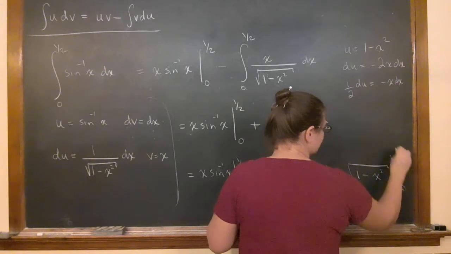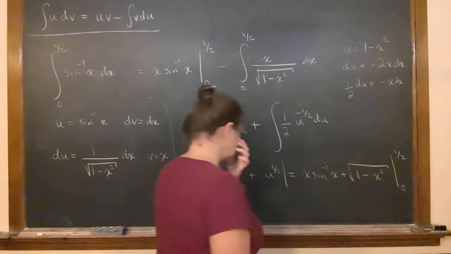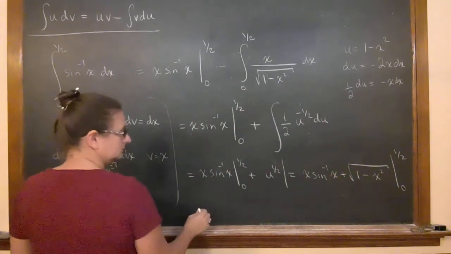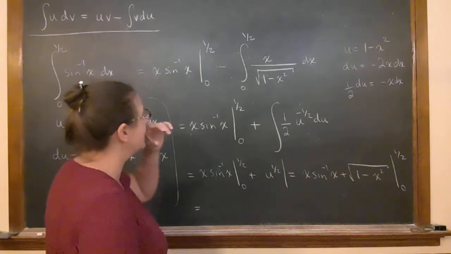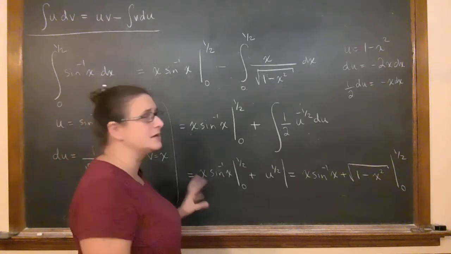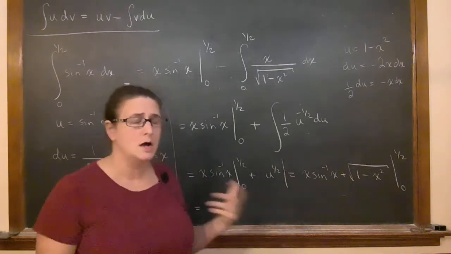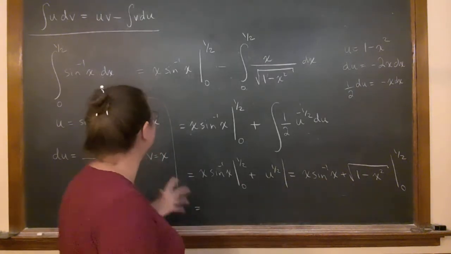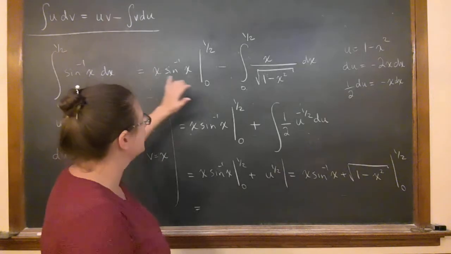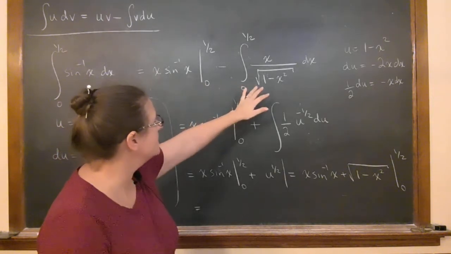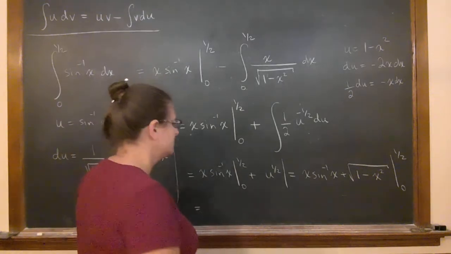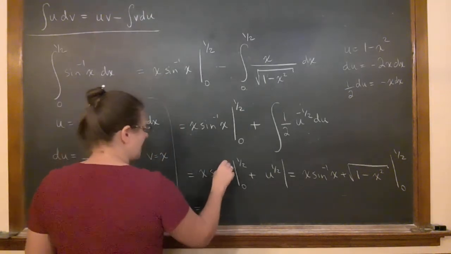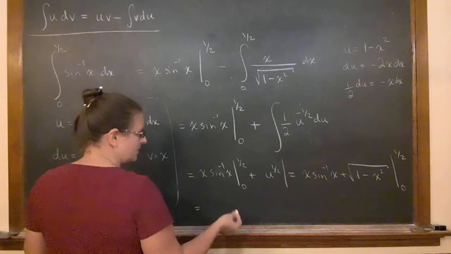And now evaluating from 0 to 1/2. Okay. So far, so good? So again, in this case, I didn't have to do integration by parts twice, just because it worked out really nicely, because I ended up with this thing that I could do a u substitution for. So again, it's just all going to depend on the form of what you're integrating.